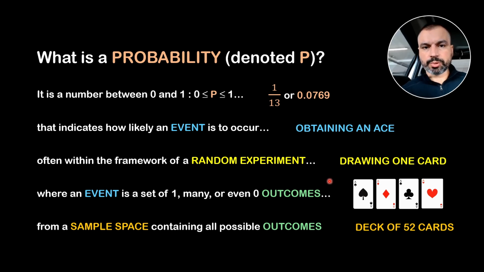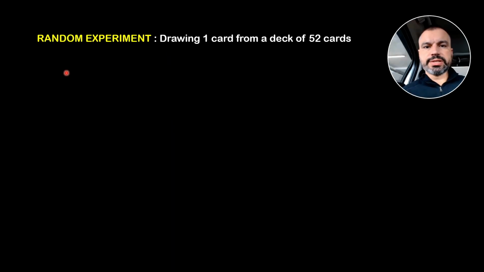That gives us a probability of 4 over 52, which, if we simplify, gives us 1 over 13. That's a probability of 0.076, or a 7.6% chance of obtaining an ace when drawing this one card from the deck. Let me say it again.